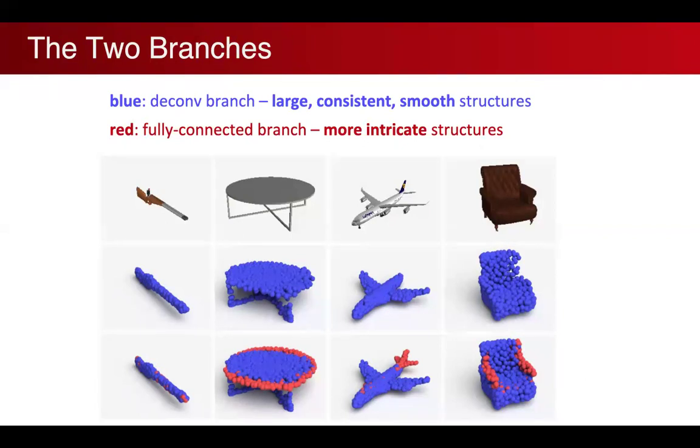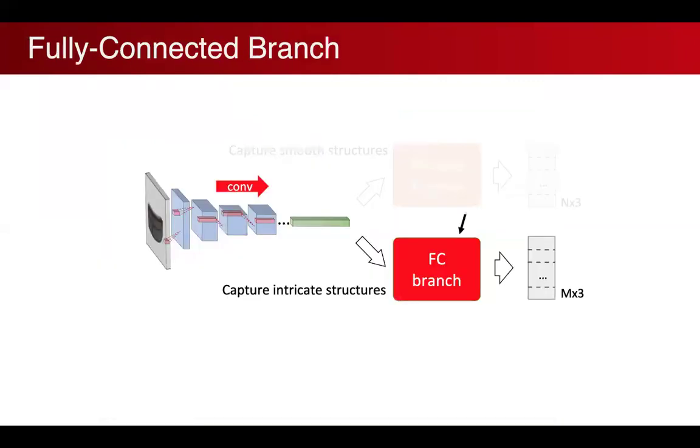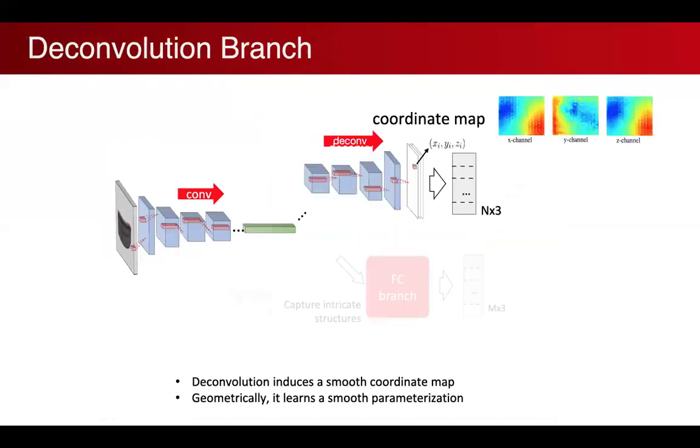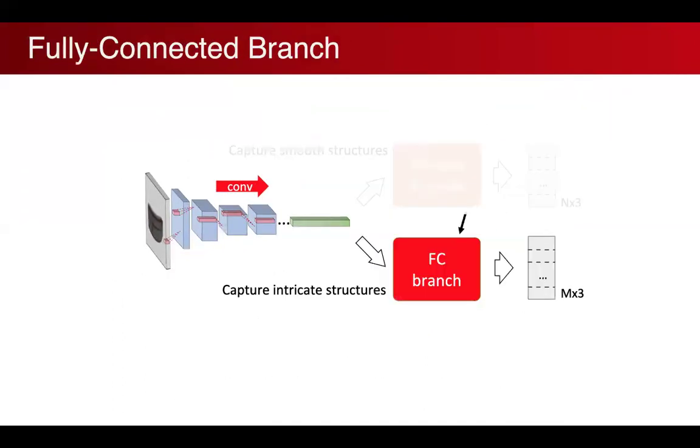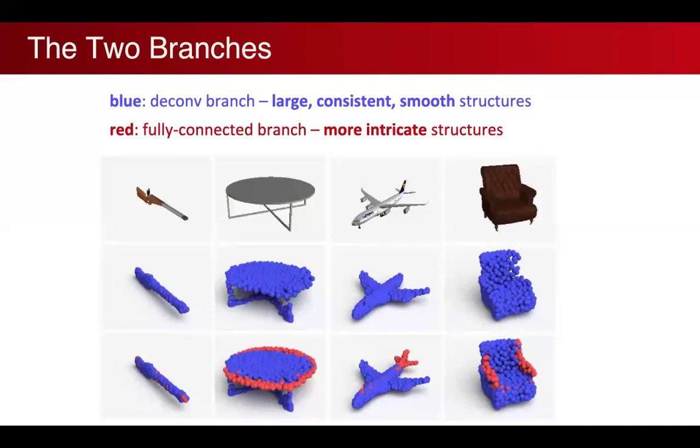We are going to see the classification of the points that were detected by the convolution branch and the fully connected branch. The blue points come from the convolution branch, and the red points come from the fully connected branch.